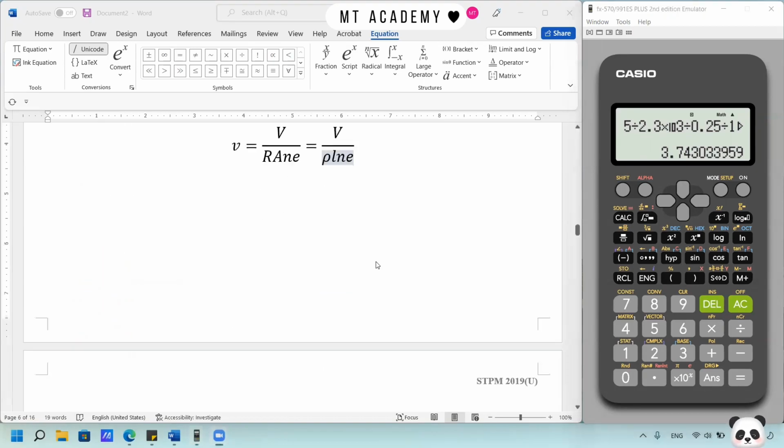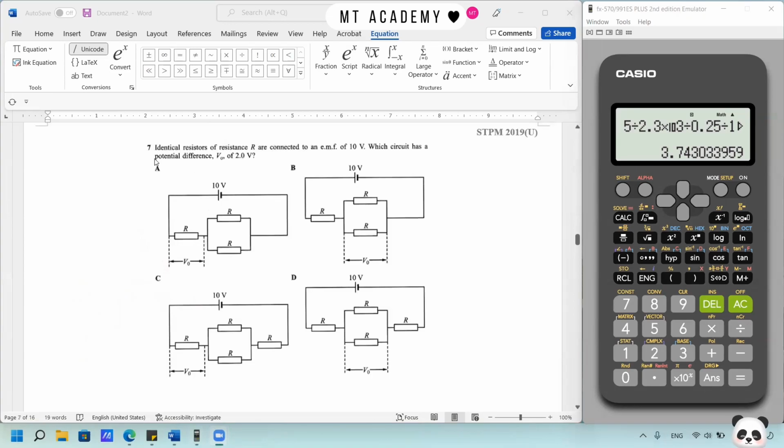Move on to question 7. Identical resistors of R are connected to an EMF of 10 volt. Which circuit has a potential difference V out of 2 volt? It is quite simple. We can apply the formula of potential divider to quickly obtain the voltage, or we can learn that the voltage is proportional to the resistance, so we can apply the ratio.